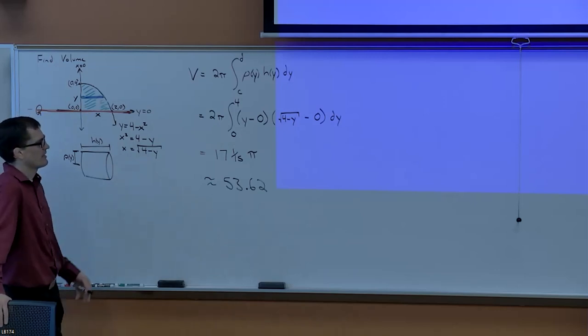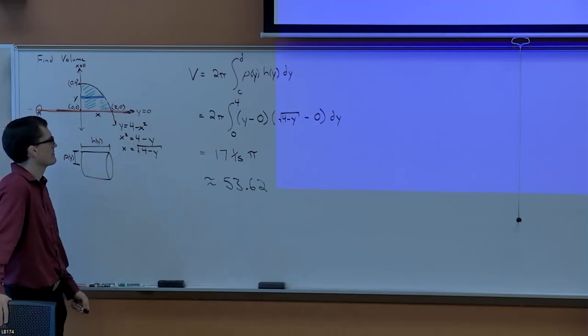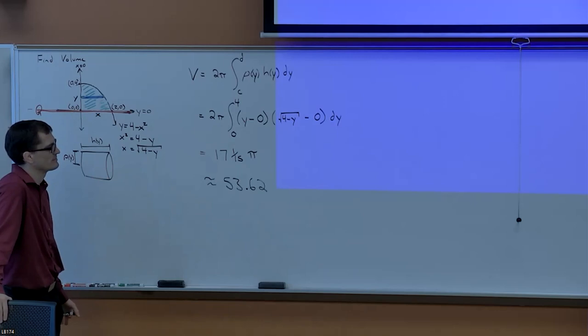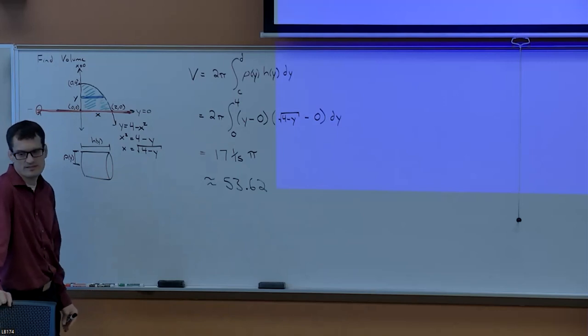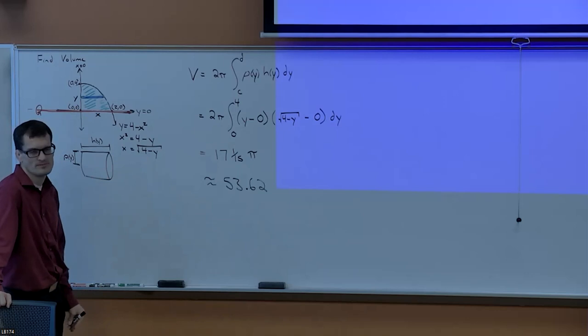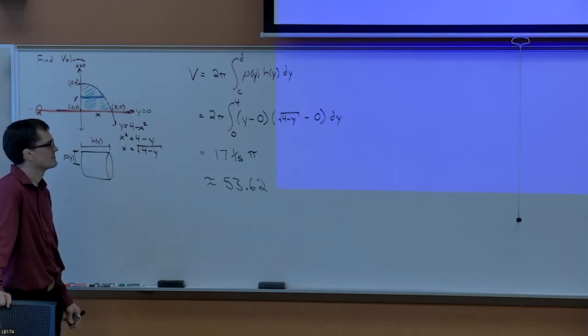Because of the way the calculator does the computations, it kind of throws your answer off by just a little bit. Does that work? But I know it's 17 and 1/15.